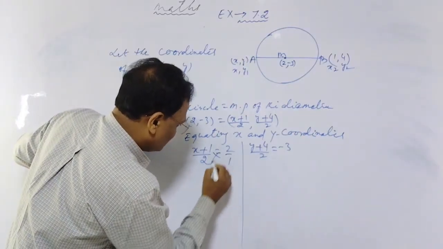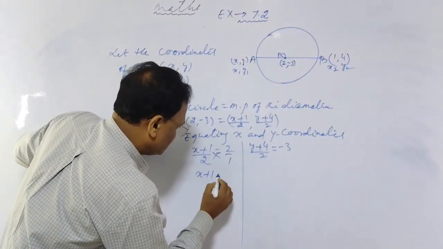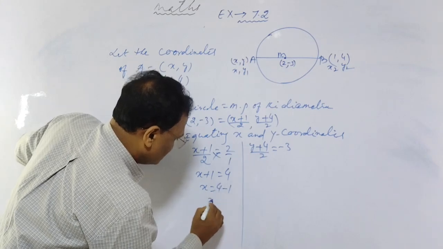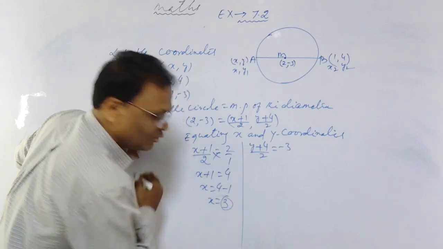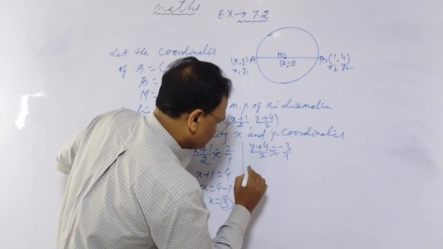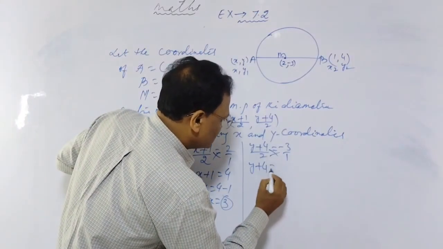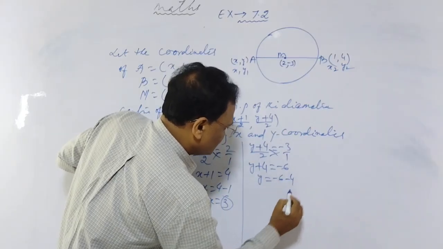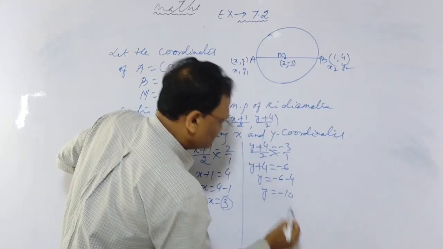Further, if I simplify, what do I get? x plus 1 is equal to 4, and x is equal to 4 minus 1. So what is my x coordinate? My x coordinate is 3. If I find my y coordinate, y plus 4 is equal to minus 6, so y is equal to minus 6 minus 4, y is equal to minus 10.